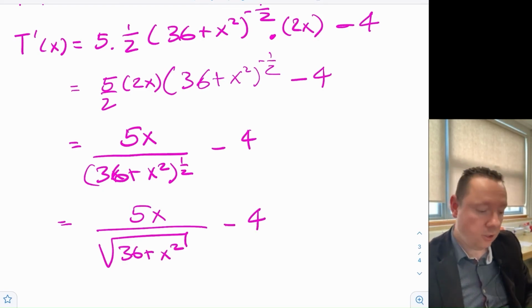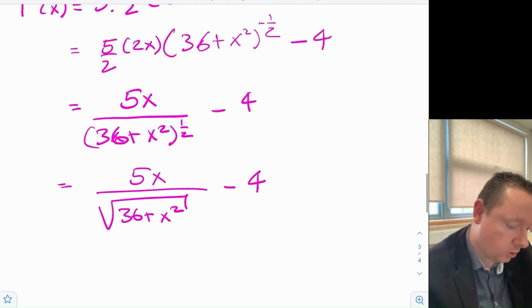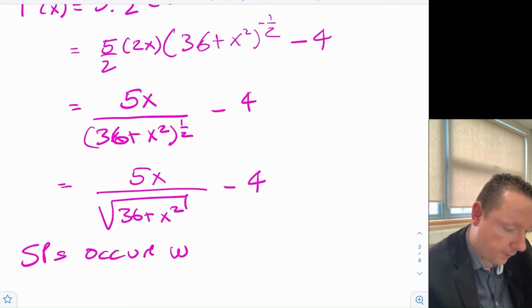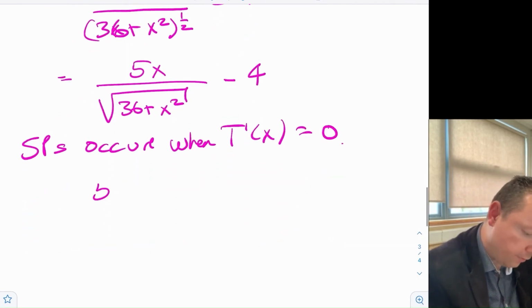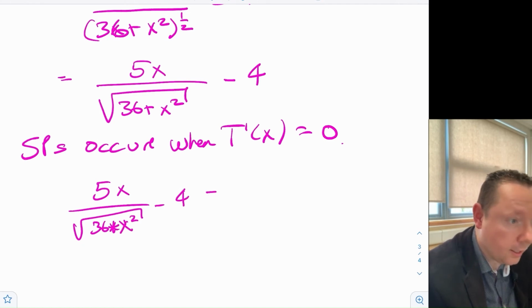Now we need to look at our stationary points, because we're trying to minimise the time taken, so it's an optimisation question. Just remember, stationary points occur when t dash x equals 0. So we've got 5x over the square root of 36 plus x squared, minus 4, equals 0.